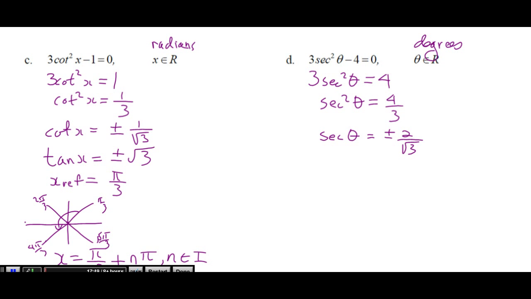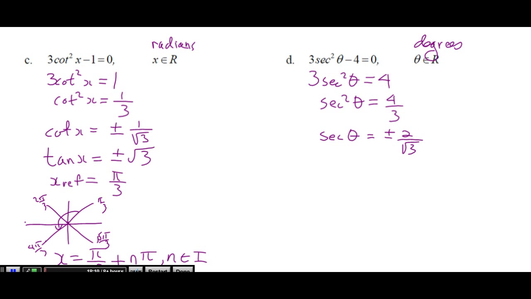Well, root 4 over root 3. 2 over root 3, right? So take the square root of 4, we get 2. First of all, big thing, it's plus or minus, right? You'll leave out half the solutions if you don't. So anytime you're seeing a squared and you're square rooting to get secant theta, you're also getting plus or minus.